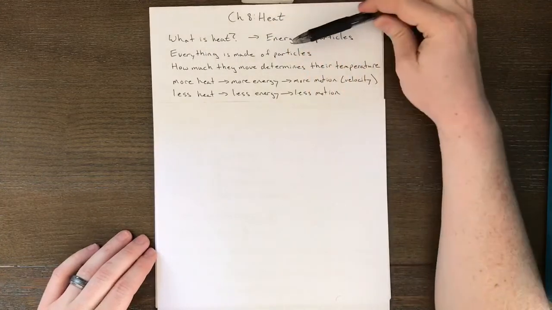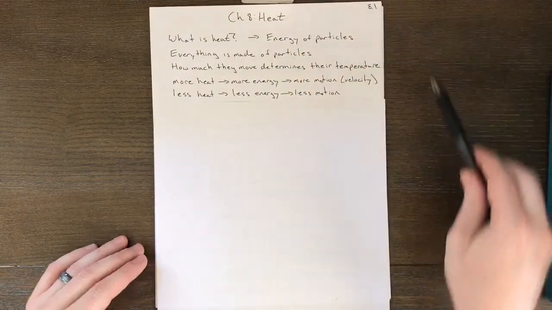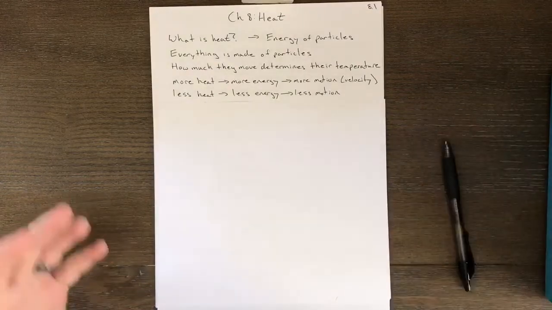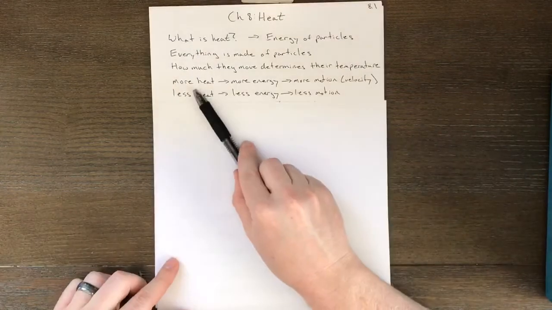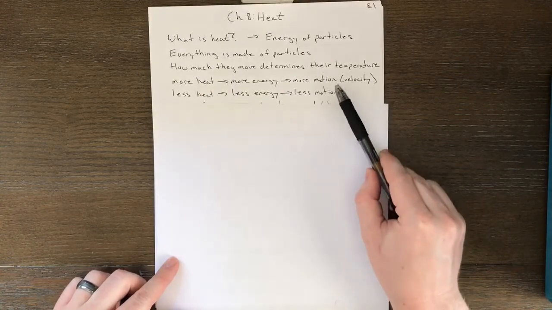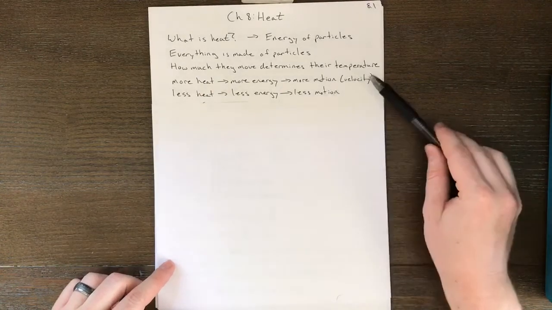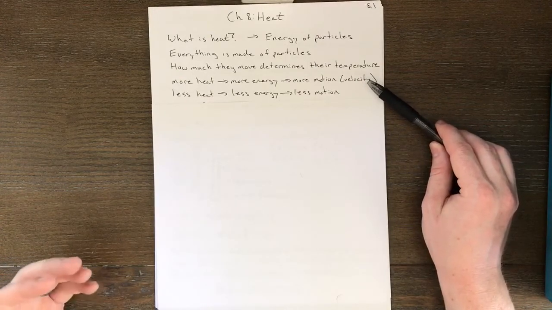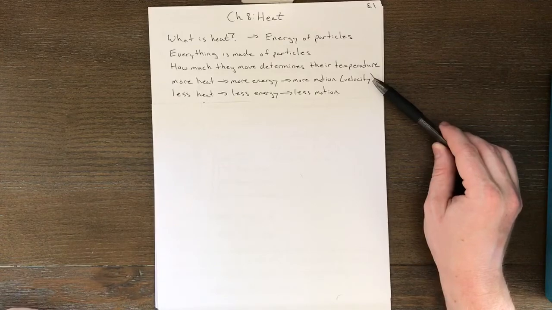So, recapping, how much something moves determines its temperature. Temperature is a reflection of the energy of individual particles, which is how much they move. More heat means more energy, which means more motion, specifically velocity. There's a way of defining temperature as the root mean square, sort of an average velocity of the particles.